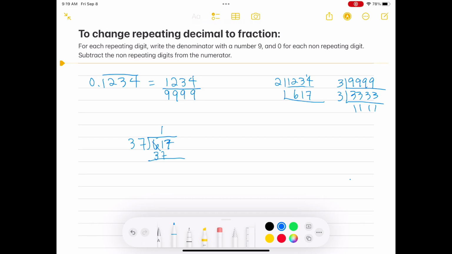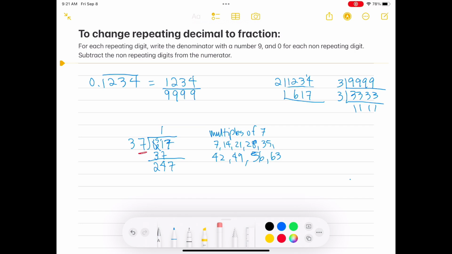And at this point, it is a bit of a guess and check. I'll try 37 and see if that is a factor of 617, matching up the last digit 7 to see if it will go into 247, and I see, okay, there's no multiples of 7 that end in 7 that would work here.